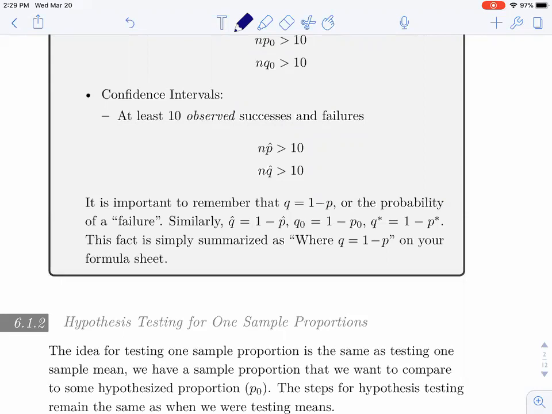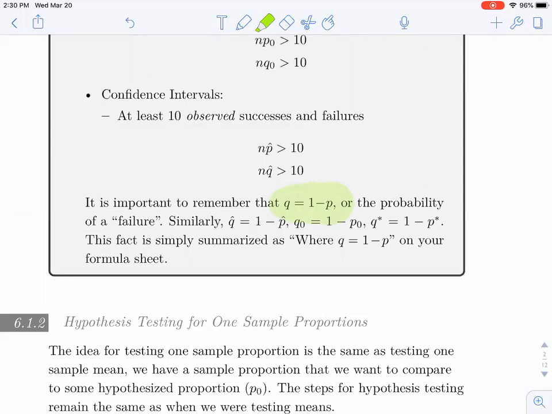And so if you want to, you can use this formula, or you can just say, well, that's this many successes and this many failures. Both are greater than 10. Down here, I've got this note. Q is 1 minus P, or the probability of a failure.